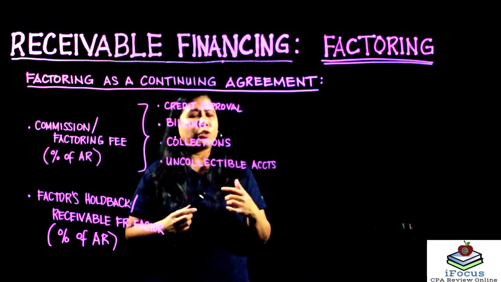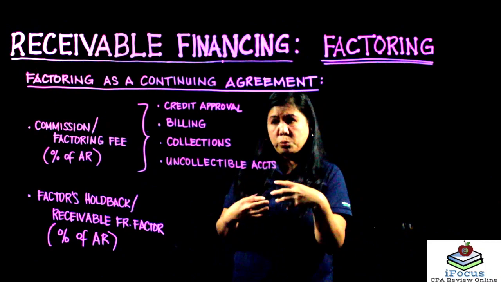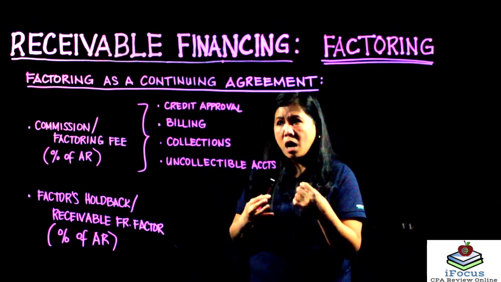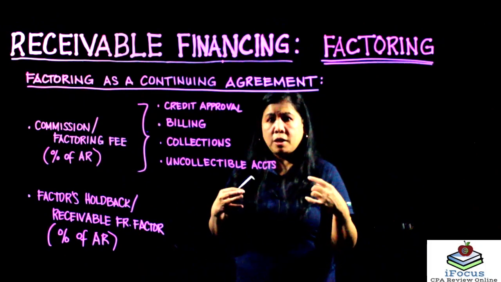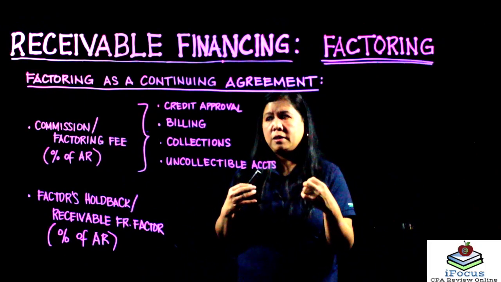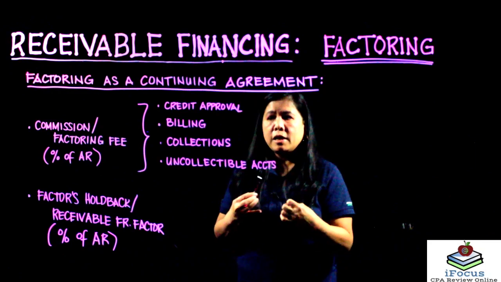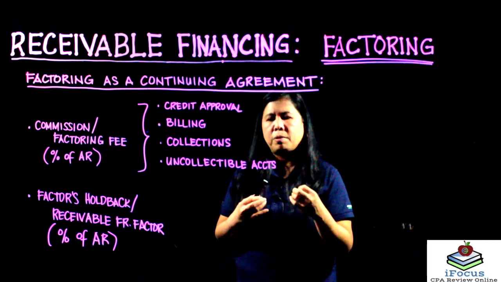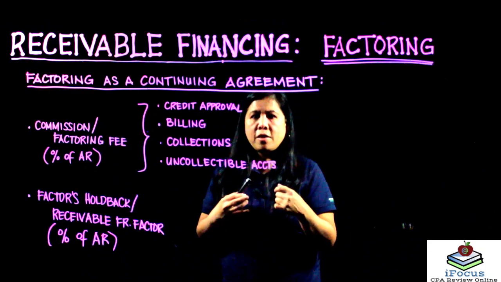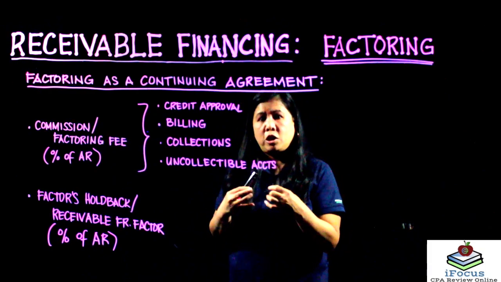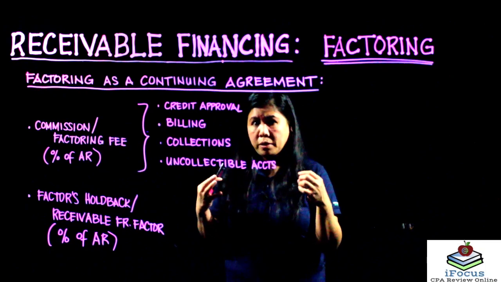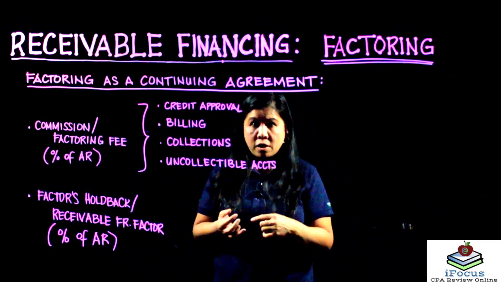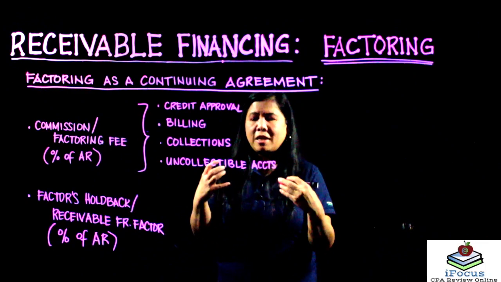So, the factor, usually the bank or other finance company, nag-a-assume sila ng kanyang responsibilities like credit approval, nagbibill sila sa customer, nagko-collect sila ng accounts receivable, at also, they assume the responsibility of the uncollectible accounts. So, yung risk na hindi nila makokolekta yung accounts receivable na yon sa kanila na yon.